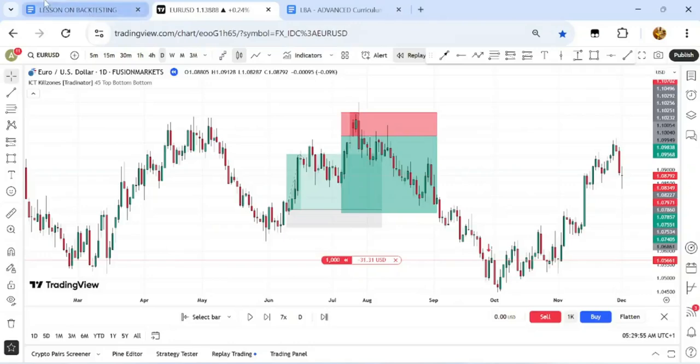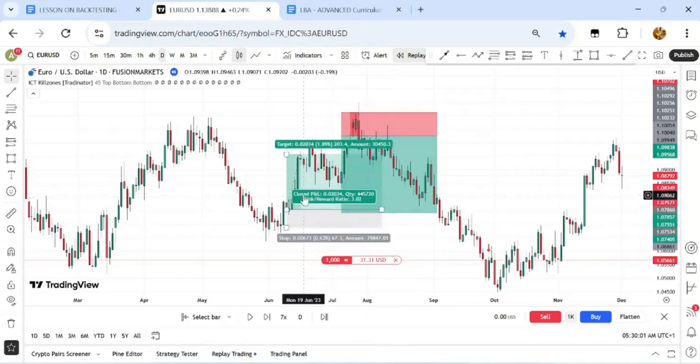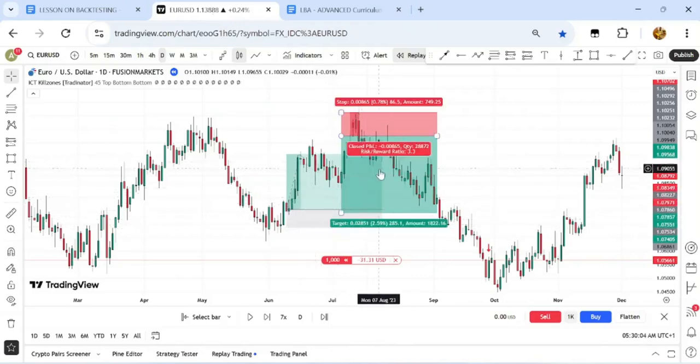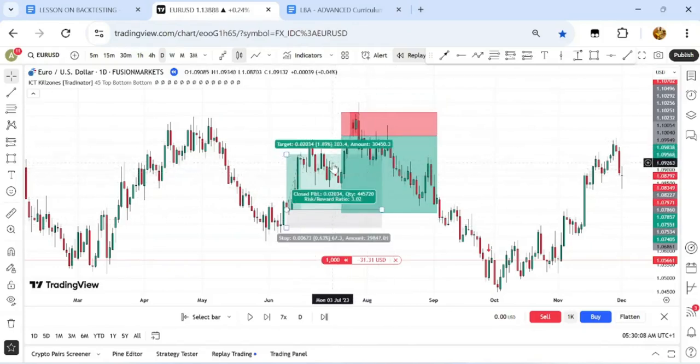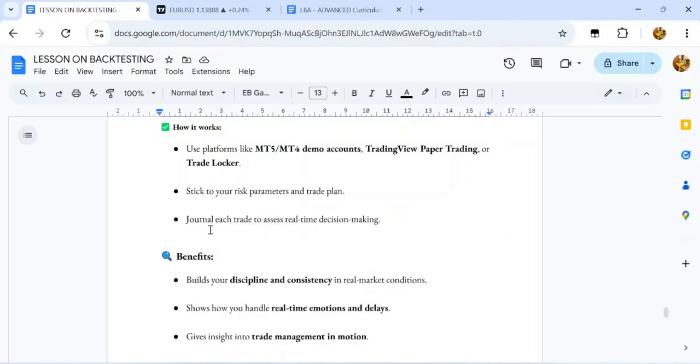So you set everything and then you journal each trade like this. Now I journal the result of this one, that this one went to a 3 arrow, this one hit SL, boom. So this is live testing. It helps you relate with the market condition as if it's a real life experience. That is one thing you need to know.